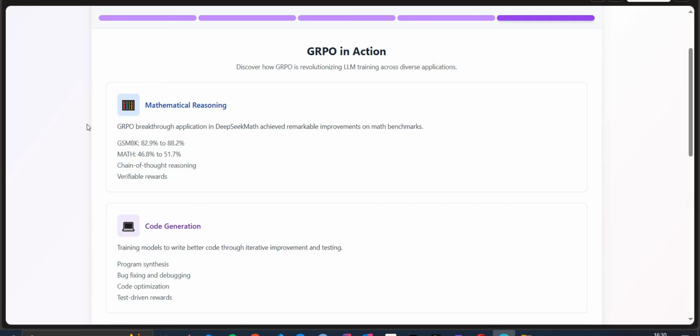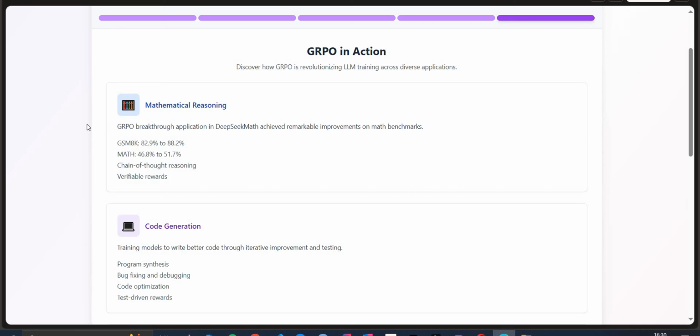For instance, GSM8K accuracy went from about 82.9% to 88.2%, and on the MATH dataset from 46.8% to 51.7%. Those gains came without using massive compute clusters, just smarter training.